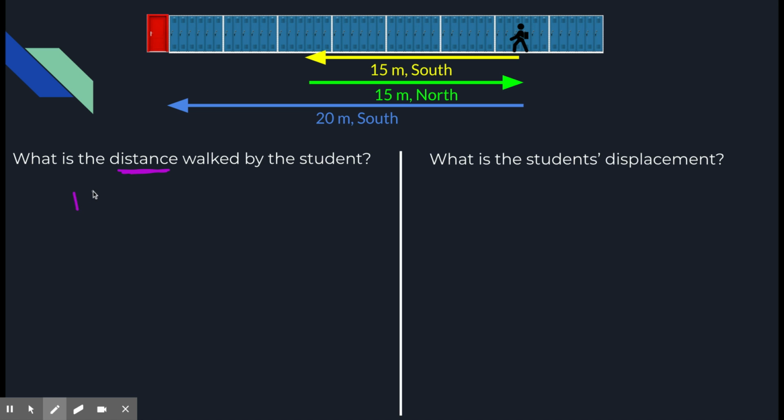They went 15 meters south, then 15 meters the other way, and then they also went to their classroom. So 15 plus 15 is 30, plus 20. They have traveled a distance of 50 meters. No direction.